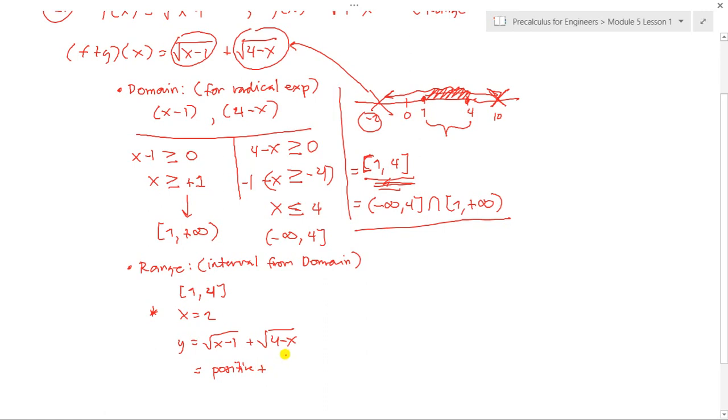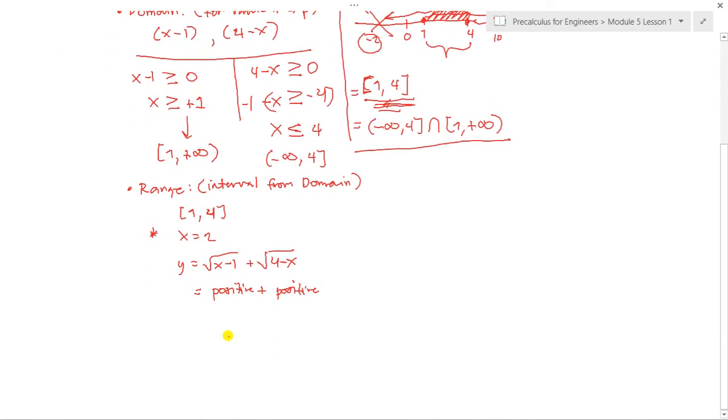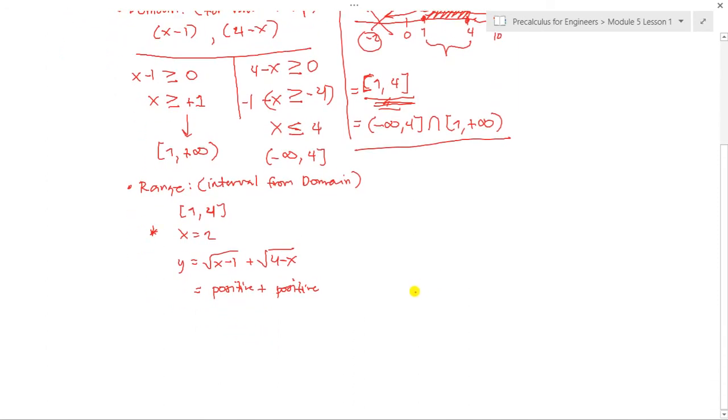And then this one right here is still positive, so that is positive. And then since positive is not well defined, because in order to have a significant range, we need to know where it started.